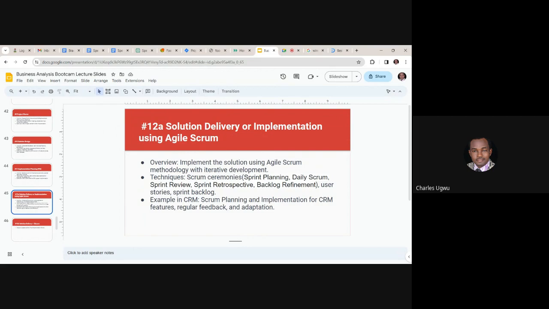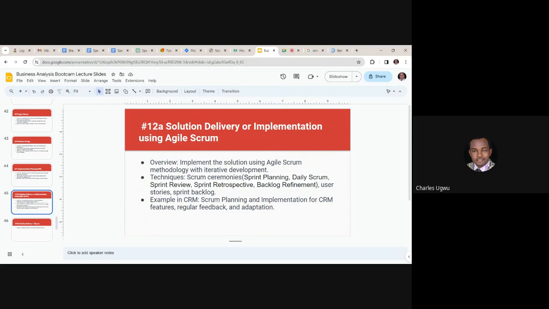So the team will come together and plan a 2-week or 1-month sprint. We call it a sprint. After the sprint planning, they start executing the items they committed to in the sprint, meaning that at this point they start building the solution. If it's Dynamics 365 they are using, or if they are building e-commerce or a mobile application, at this point they start building.